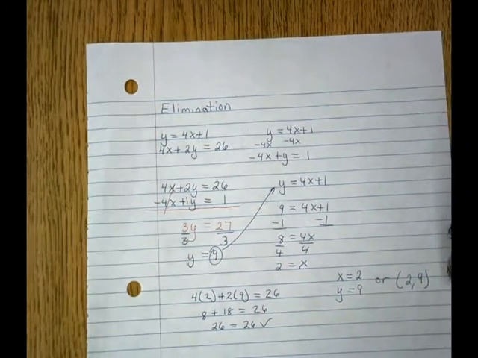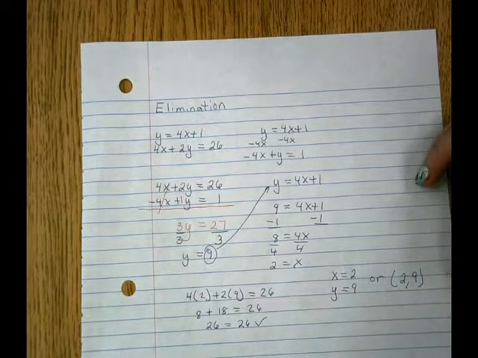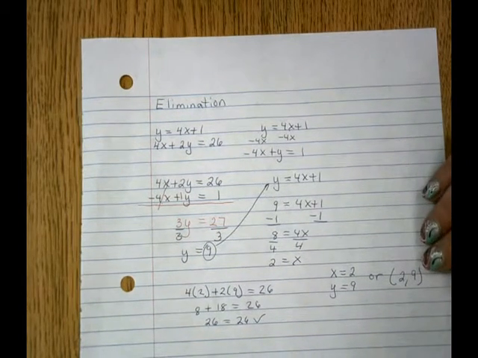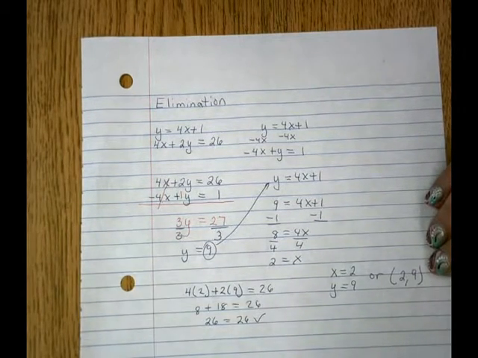Now you may ask, why do I use an ordered pair? Because the third way to solve this is by graphing the equations and finding the point where it's the same for both lines. Let's take a look.